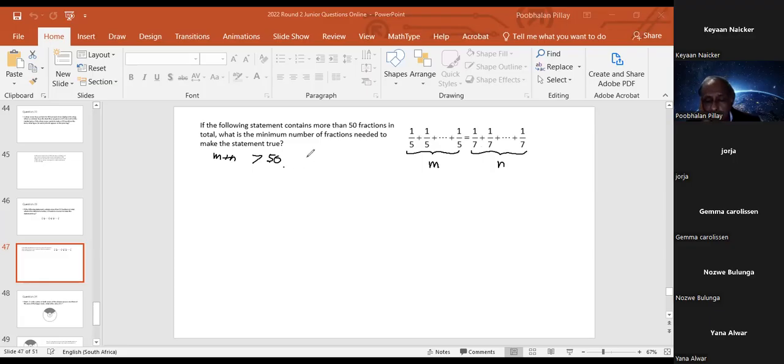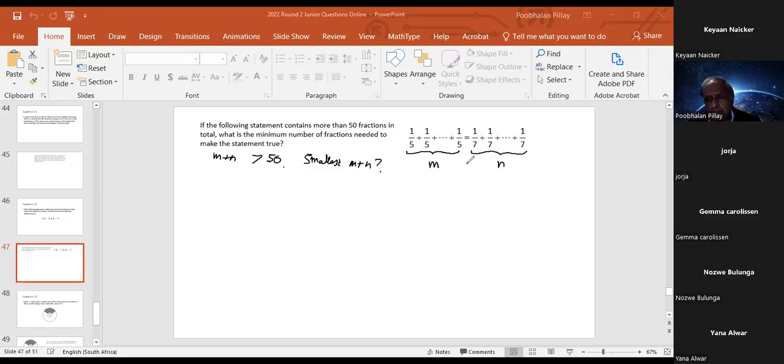And you want to know the smallest M plus N, minimum number of fractions altogether. So that's the question. It'll have to be some number which is bigger than 50, but which is the actual answer? Which is the smallest number you can put here?